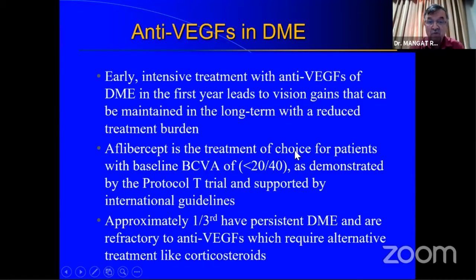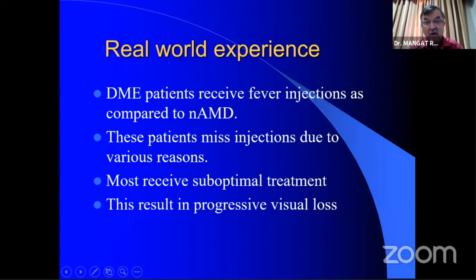Aflibercept is the treatment of choice for vision worse than 20/40 or 6/12, if the patient can afford it. This is according to Protocol T and is supported by international guidelines. Approximately one third have persistent DME, or are refractory to anti-VEGF, which may require alternative treatments like corticosteroids. That is what we have to keep in mind.